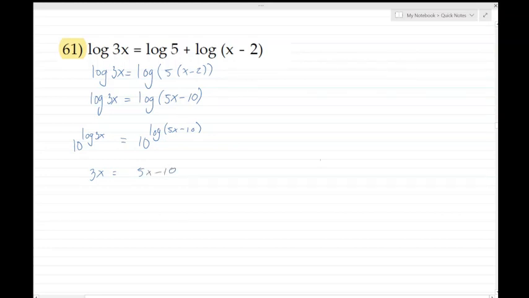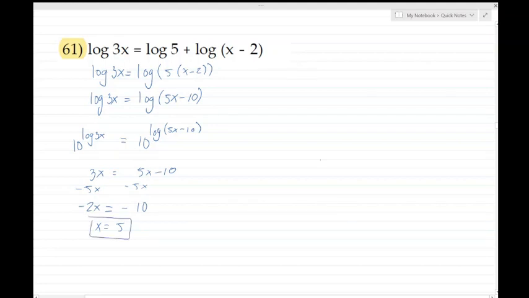So that's one way to solve it. We'll move the 5x to the left, and we'll get negative 2x equals negative 10, and then we have x equals 5.